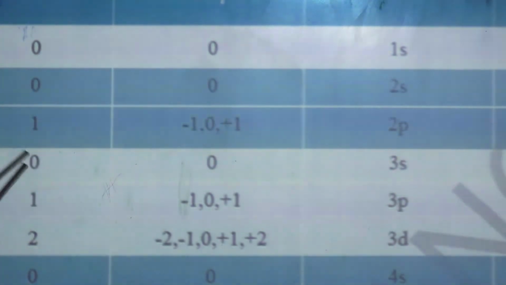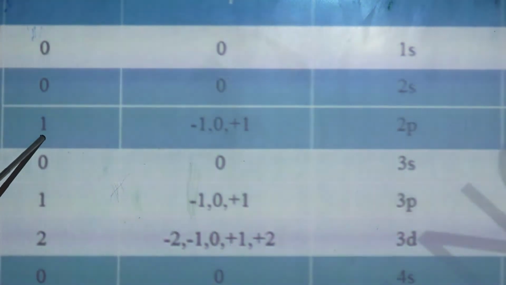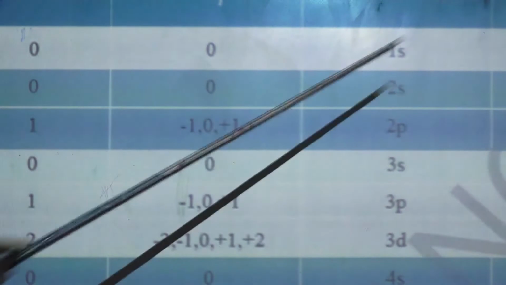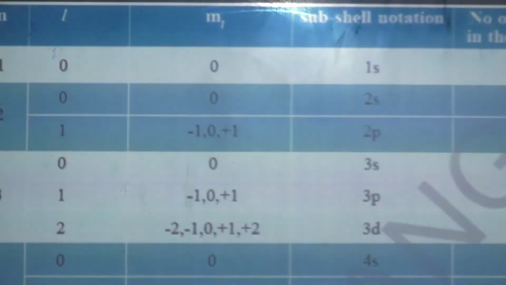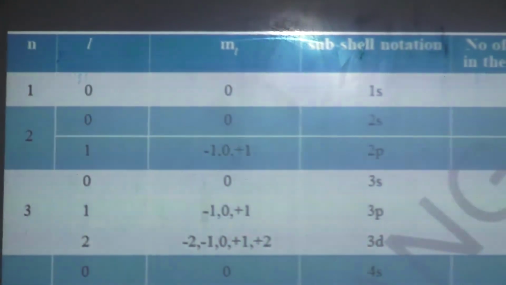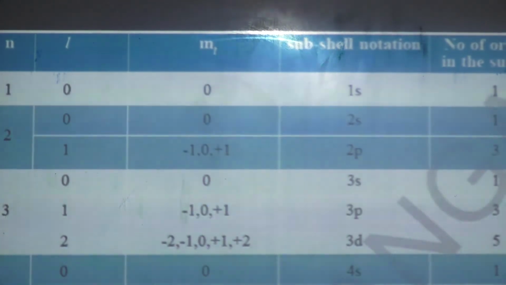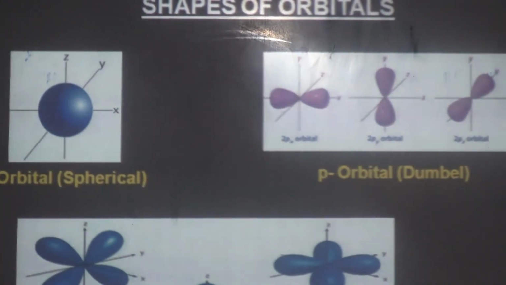So for l equal to 0 the ml value is 0, and if l is equal to 1, -1 to +1, that is -1, 0, +1. So you can observe the ml values here, and it gives the information about the number of orbitals present in the subshell. Okay, like this. Now come to another quantum number.